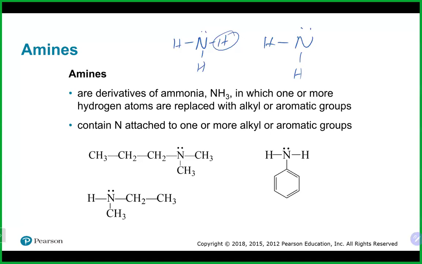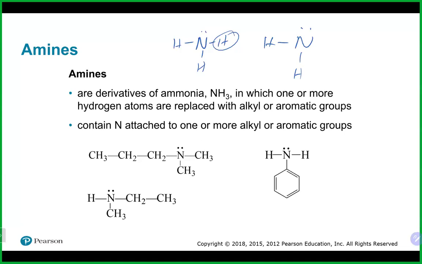They contain a nitrogen attached to one or more alkyl or aromatic groups. Because the functional group is a nitrogen, there are some things that develop because some of the groups are attached to nitrogen versus carbons. We'll talk a little bit about that in just a second. So these are all amines.